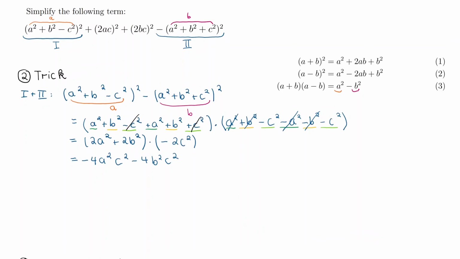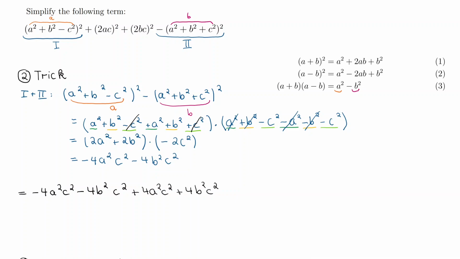We have then as a whole, for the first and the second one, minus 4A square C square minus 4B square C square. And then those two parts remain, which are, as we did before, plus 4A square C square plus 4B square C square.